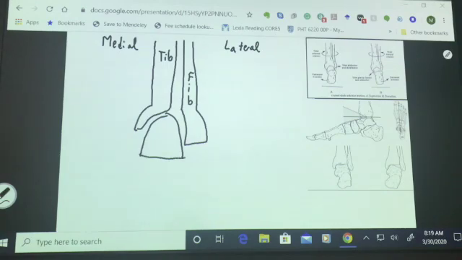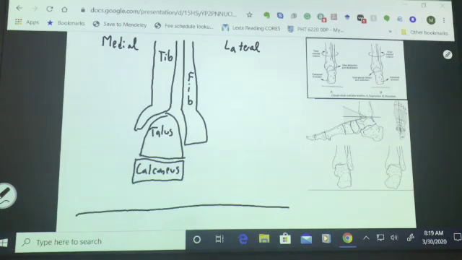Going to be my talus, and then underneath it is going to be my calcaneus. Now, when I'm in the open chain, meaning that here's the ground, and we have space between the ground and my foot, if I'm going to supinate, think about the motions that happen here.